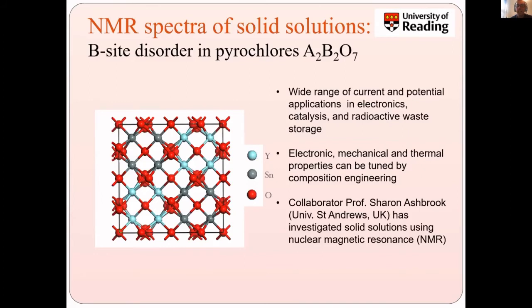We have been in collaboration with the group of Professor Sharon Ashbrook in St Andrews here in the UK, investigating the pyrochlores A2B2O7 because they have a lot of interesting applications, and you can tune their properties by doing composition engineering. So we really want to understand where the atoms go in these pyrochlores.